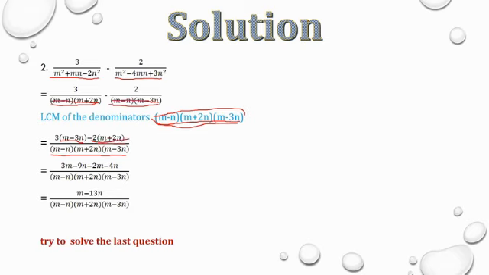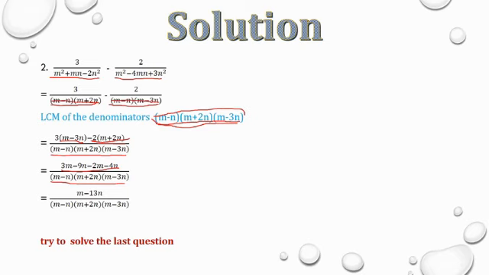Okay, so if we open up our brackets on the numerator, we are left with 3m - 9n - 2m - 4n, and in our denominator we have (m - n)(m + 2n)(m - 3n).